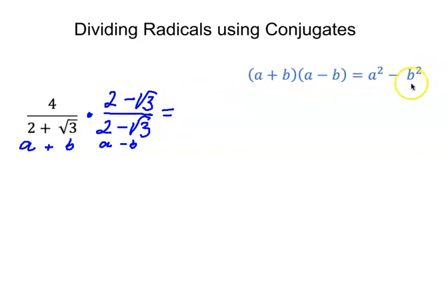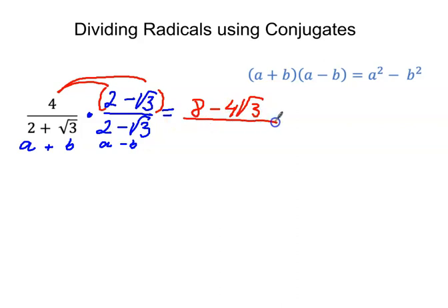The numerator we will have to distribute, and since I'm distributing, I am going to put this term in parentheses. So now we have 4 times 2 is 8, and 4 times negative square root of 3 is negative 4 square root of 3.